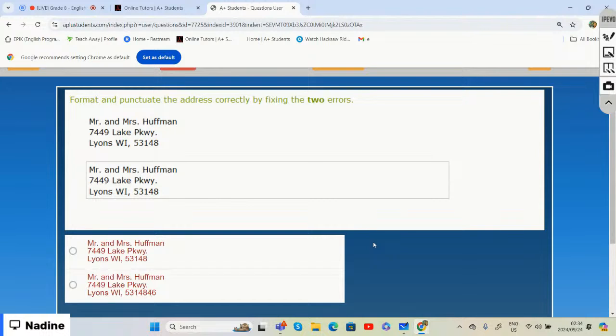We need to select the two errors, or fix the two errors, in that address. Is it option one or option two?